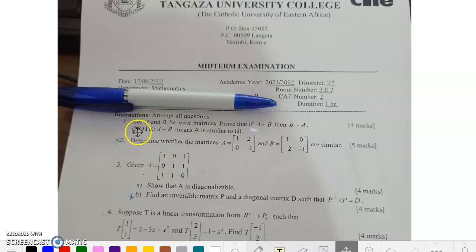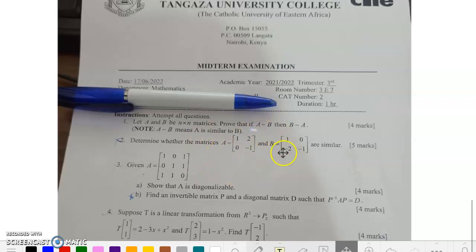We have proven in the first video that indeed A is similar to B, and we also showed that B was also similar to A. So now by computation we need to show that indeed A and B are similar. There is a meaning behind similarity when we talk about matrices.